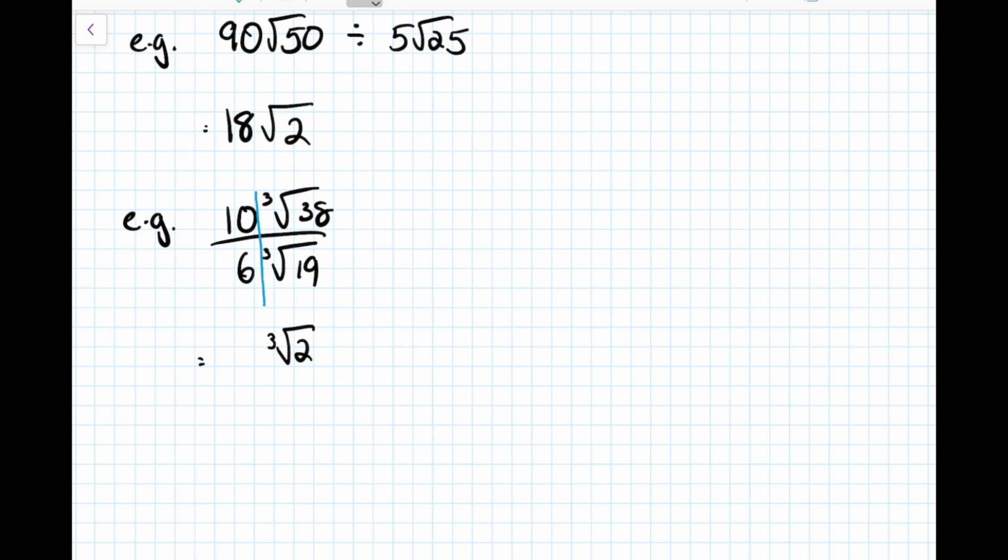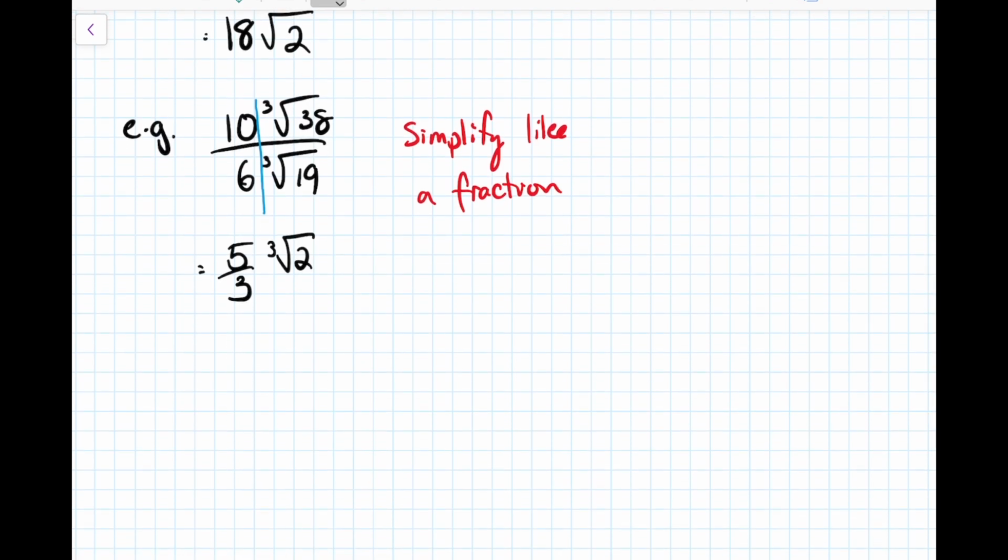So all we do is simplify this like a fraction. We've got 10 over 6. Those are both divisible by 2, so even though I can't fully divide, I can simplify, and that becomes 5 over 3. And so we've got 5 over 3 and cube root 2, or a slightly nicer way to write this would be 5 cube root 2 over 3.